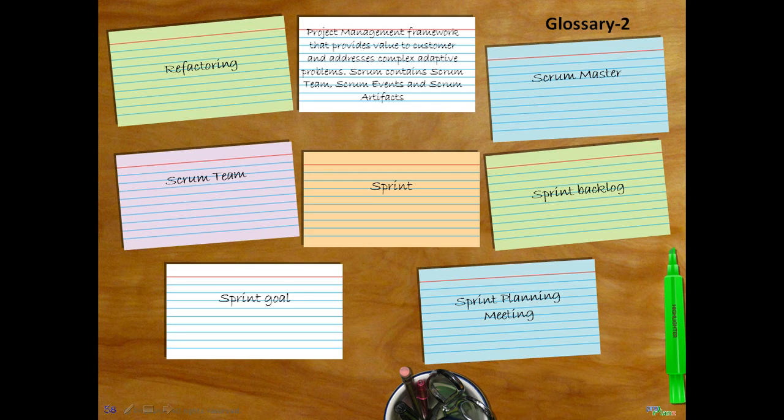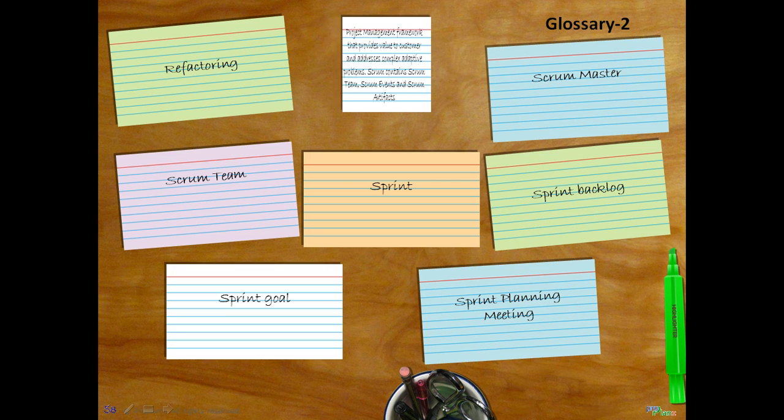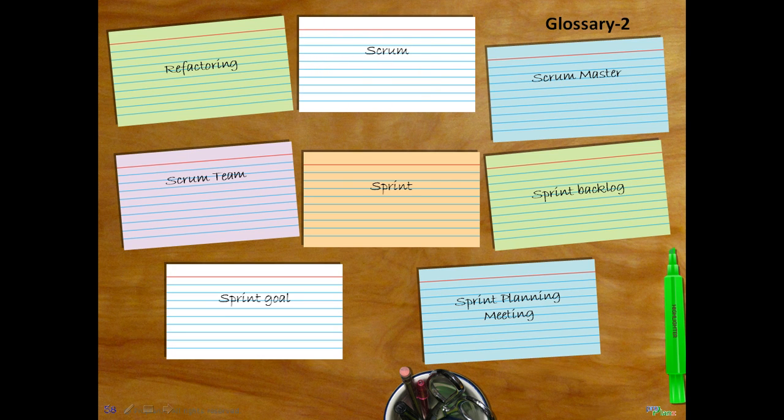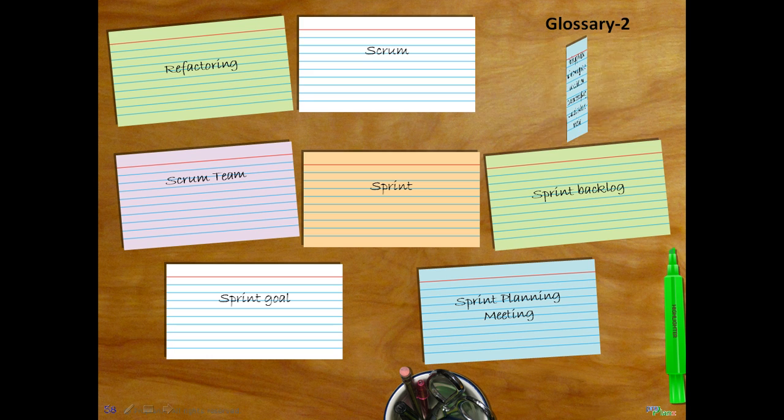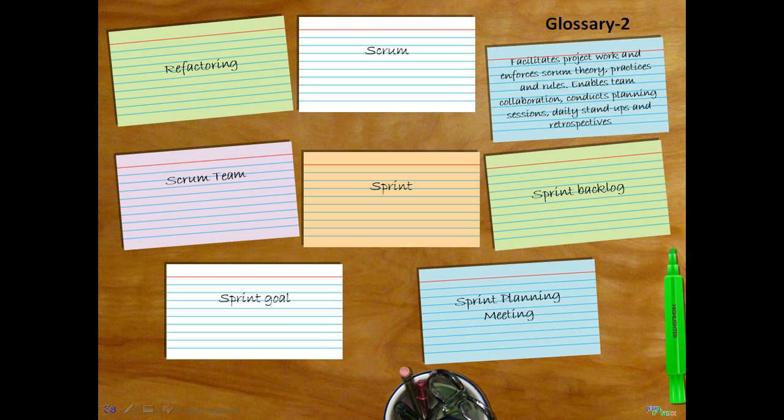Scrum contains Scrum team, Scrum events, and Scrum artifacts. Scrum Master facilitates project work and enforces Scrum theory, practices and rules, enables team collaboration, conducts planning sessions, daily stand-ups and retrospectives.